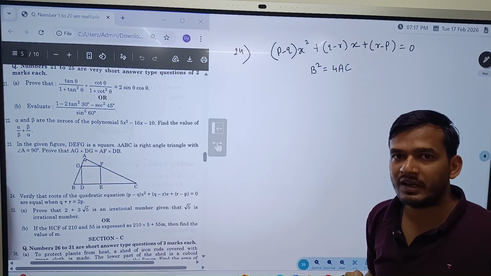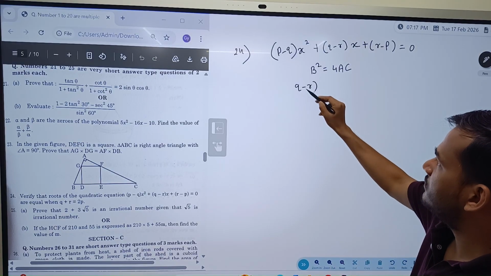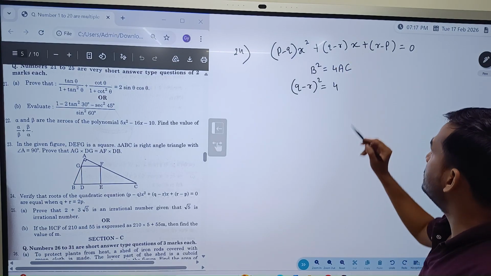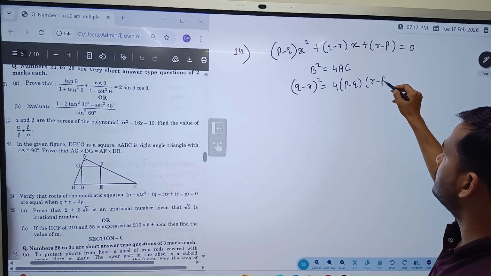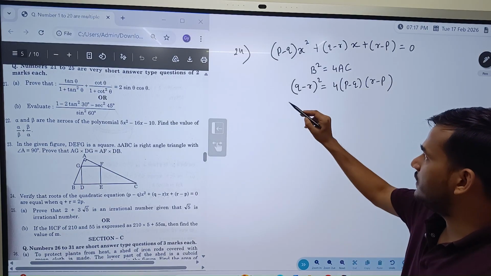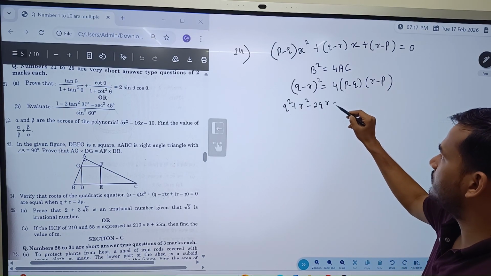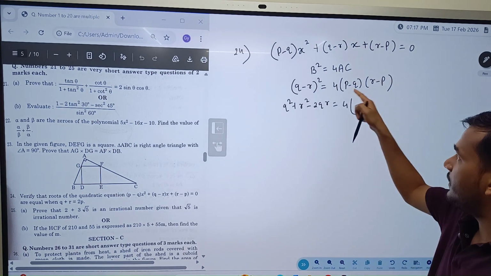So just substitute the values of B, A and C. See, B is Q minus R and A is P minus Q and C is R minus P. So just open the brackets. Q minus R whole square is Q square plus R square minus 2QR. And this is 4 into P minus Q into R minus P. Multiply.